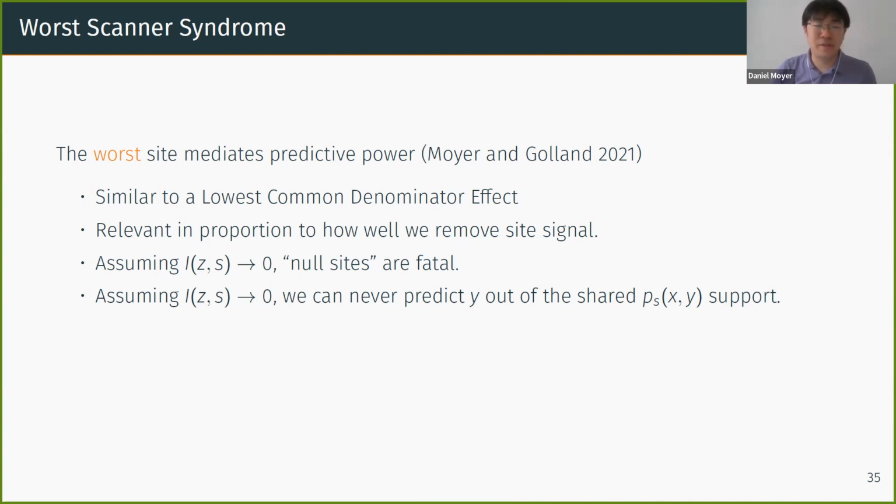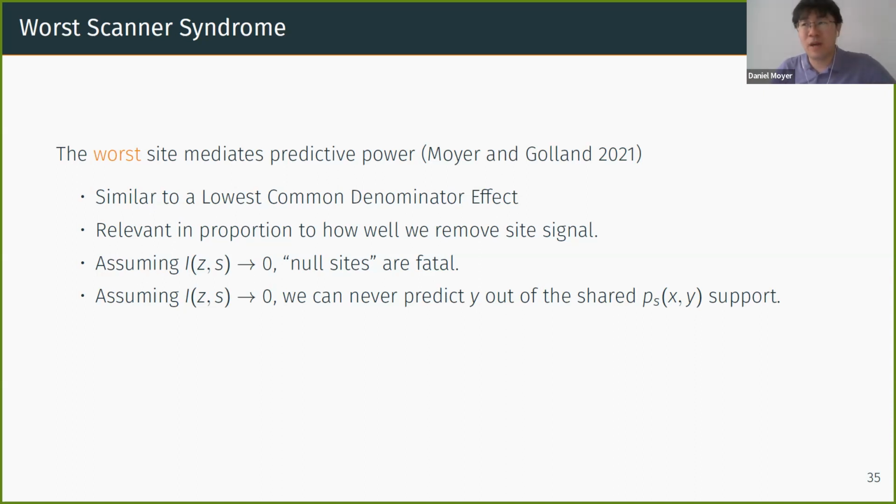It's also related to how well we remove site signal. So if we really push down on this invariance criterion, then we force this to be true. And it's not clear how the dynamics of that go. Can we allow a little signal through? This result is from last year, so we don't actually know.